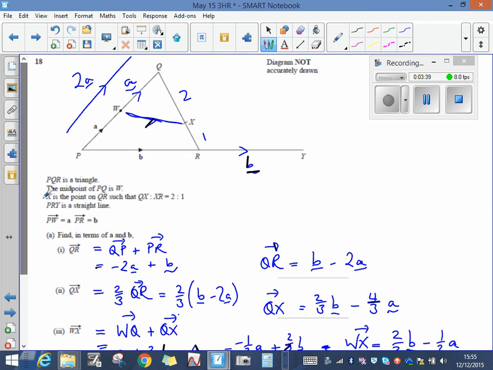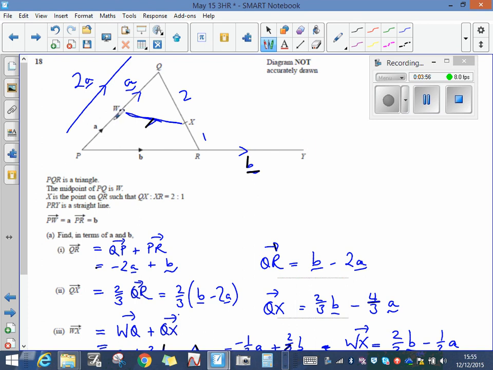Now I need to prove that WXY is a straight line. So I'm either going to find XY, from here to here, or I could find WY. It doesn't really matter which one I find. I think I'm going to find WY because it looks a little bit easier.